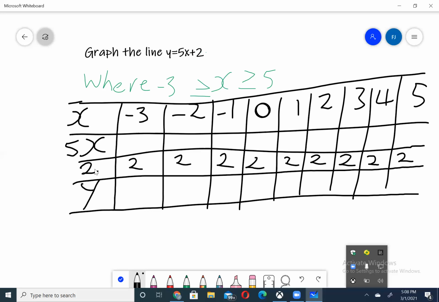So we're taking 5 now, multiplying it by -3 because we're replacing the values of x in 5x. So 5 times -3 will give us -15. 5 times -2 will give us -10. 5 times -1 will give us -5.